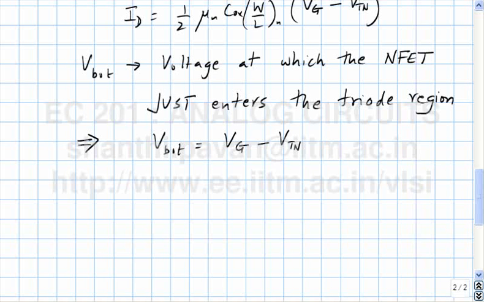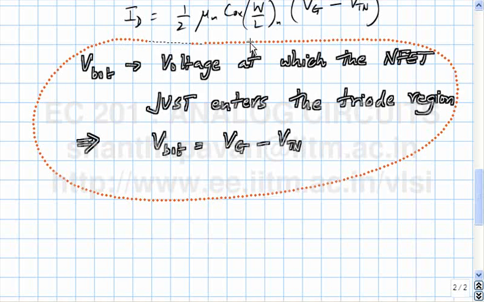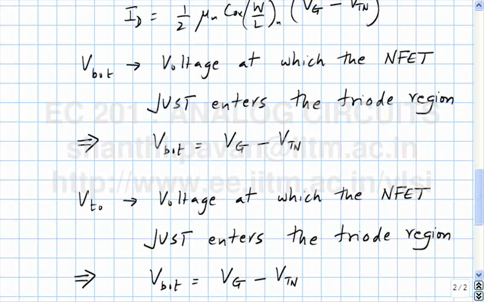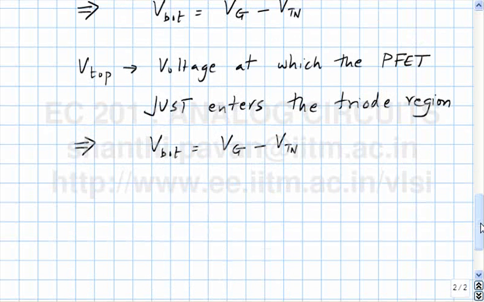Similarly, by the same token, V top is the voltage at which the PFET just enters the triode region, which means what now? For a PMOS transistor, the limit for threshold is defined as the drain can go one threshold above the gate.